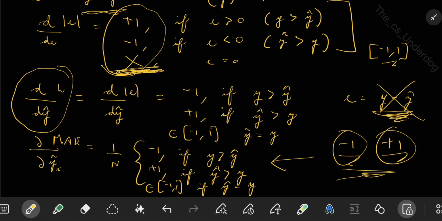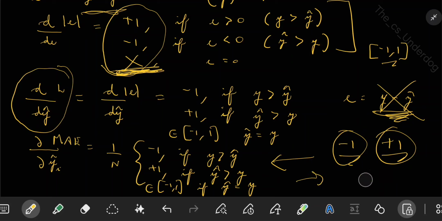So what does that mean? When I say the gradient is piecewise constant, it does not depend on the value of error. That means when you are optimizing this, when you are using it in gradient descent, MAE can be slower. The reason is it cannot push harder if the errors are large.